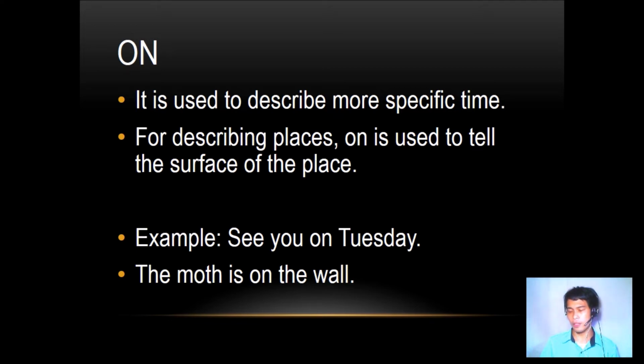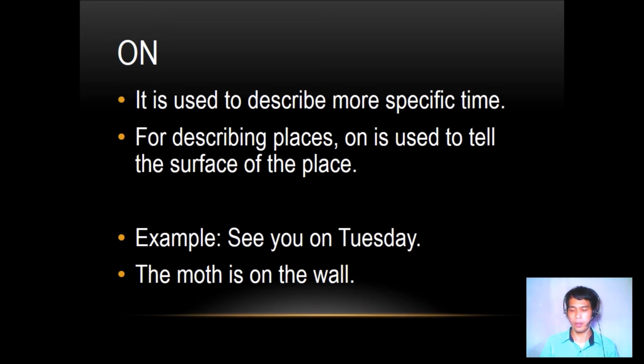And for describing places, on is used to talk about a surface of the place. For example, the moth is on the wall. Of course, the wall has a surface, or the table has a surface.